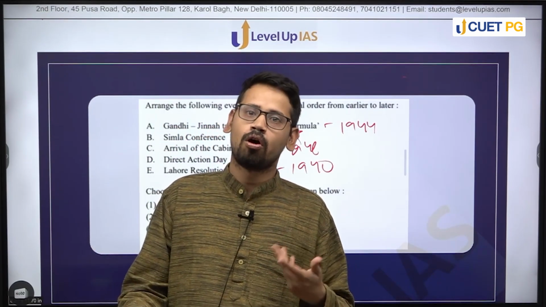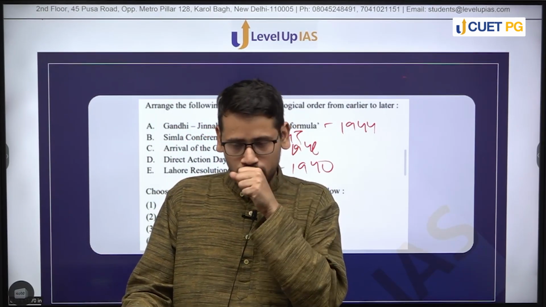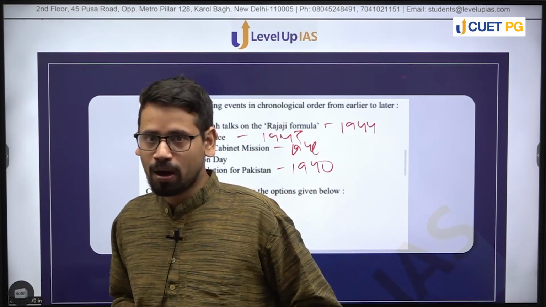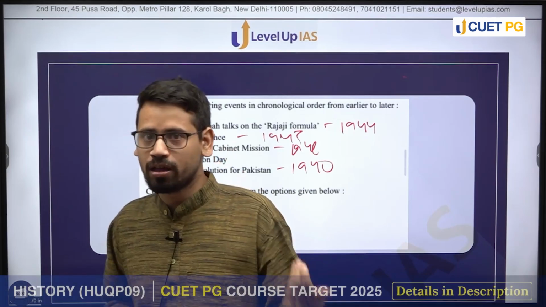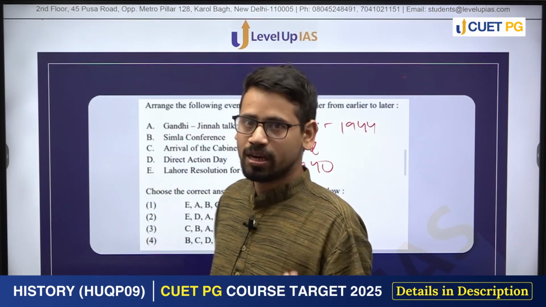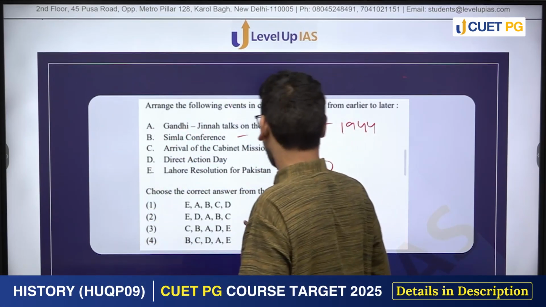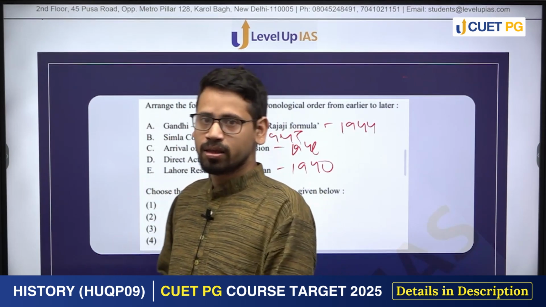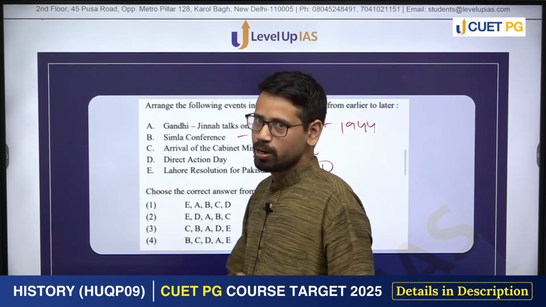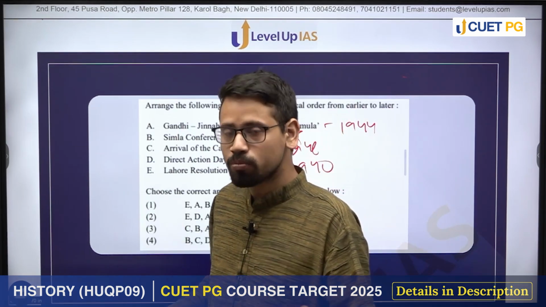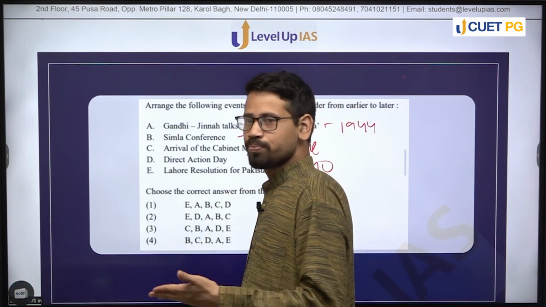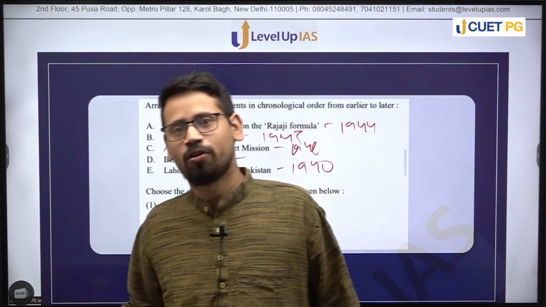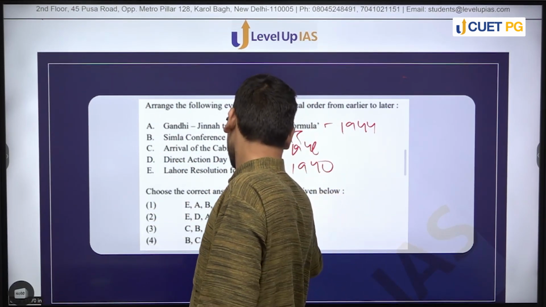So they wanted to formulate a kind of policy which can be used as a form of transfer of power, how to divide the state, how transfer of power will take place, how the state will be partitioned. All these notions were discussed in this context, right? But the failure of cabinet mission to provide a satisfactory notion for the Muslim League led to the direct action day, which happened on 16th August 1946.